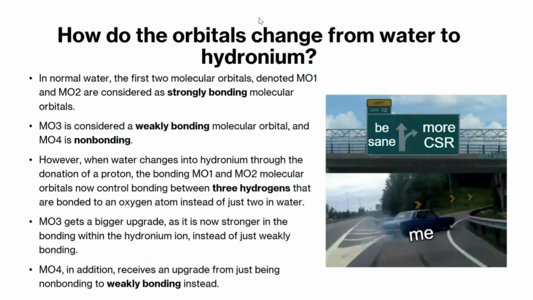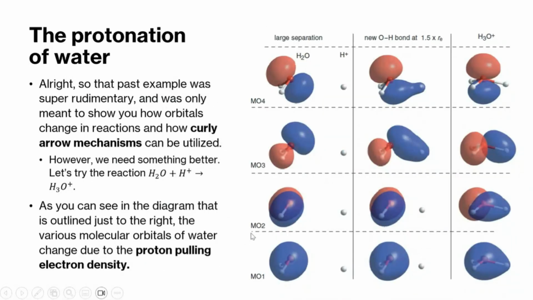And in addition, MO4 receives an upgrade from being non-bonding to weakly bonding. So take for example MO1 and MO2. Initially there are 2 hydrogens bonded to oxygen, and with the donation of a proton, we can see that MO1 and MO2 can now control bonding between these three hydrogens attached to an oxygen atom.